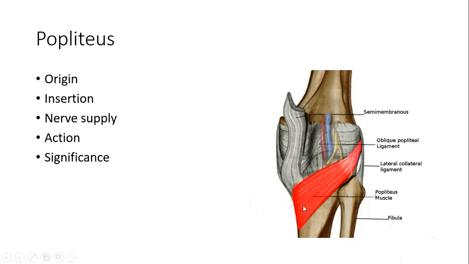So its proximal attachment is above the soleal line on the upper part of the posterior surface of the tibia, and it ascends upwards and laterally to get attached over the lateral surface of the lateral condyle of the femur.